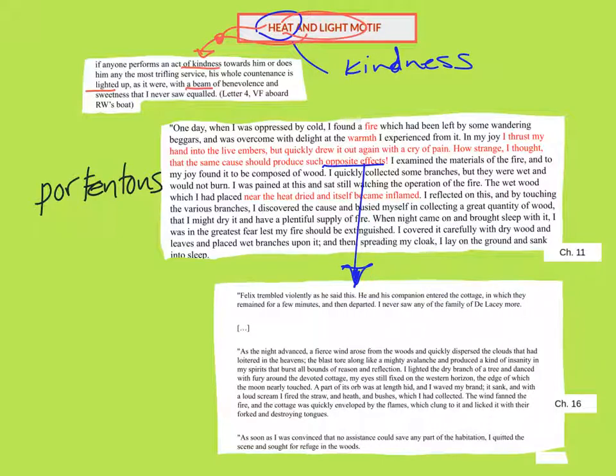Jumping on a little bit there, "the wet wood which I had placed near the heat dried itself and became inflamed." So obviously foreshadowing there what happens with the de Lacys' cottage, the empty de Lacys' cottage, of course.